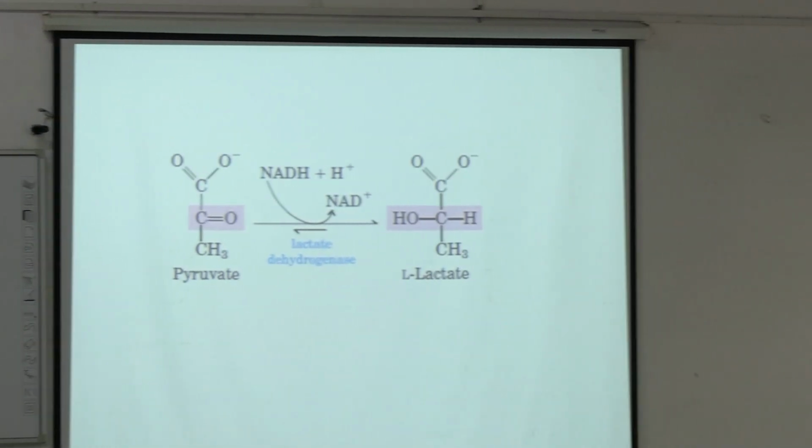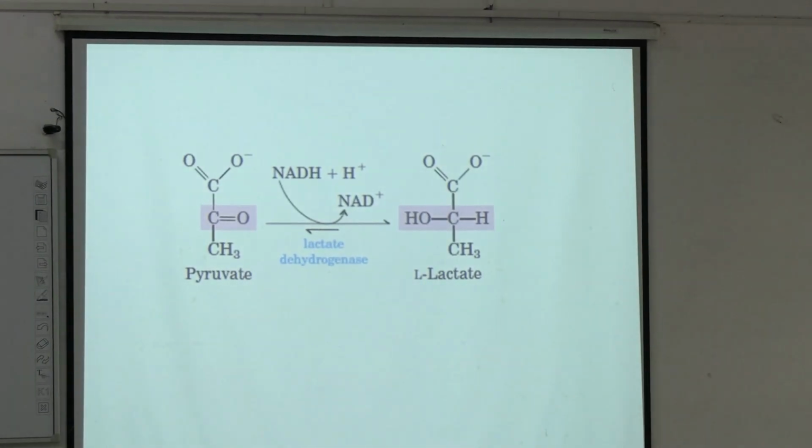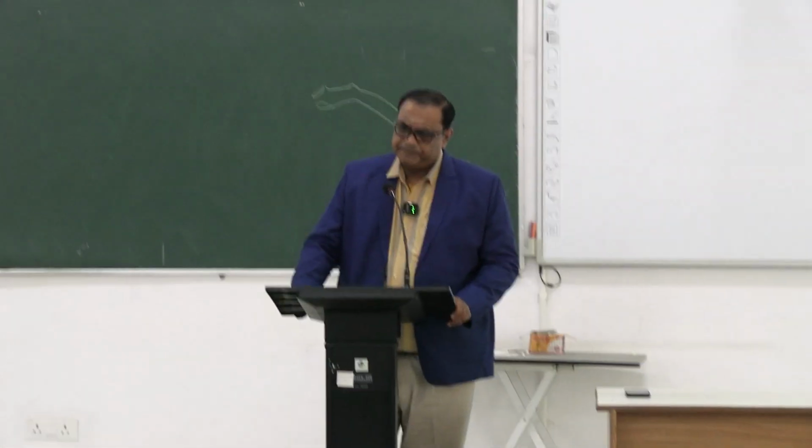See, again this is a both-sided arrow, so it is a reversible step. So only 3 steps in the glycolysis pathway are irreversible, and only those we call rate limiting or regulatory steps. The major pacemaker step of glycolysis is PFK1, that is step number 3.